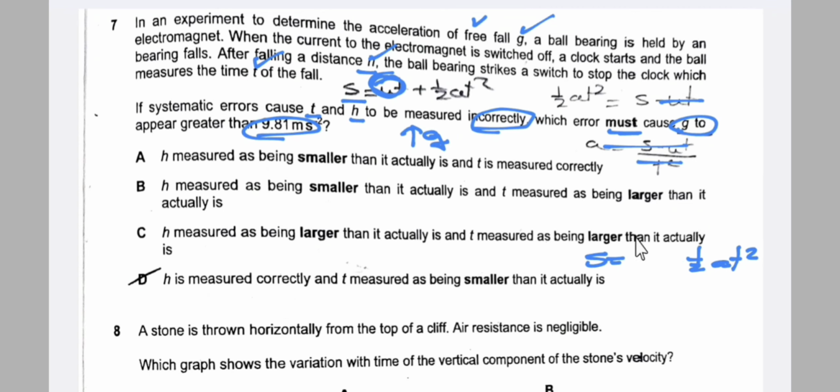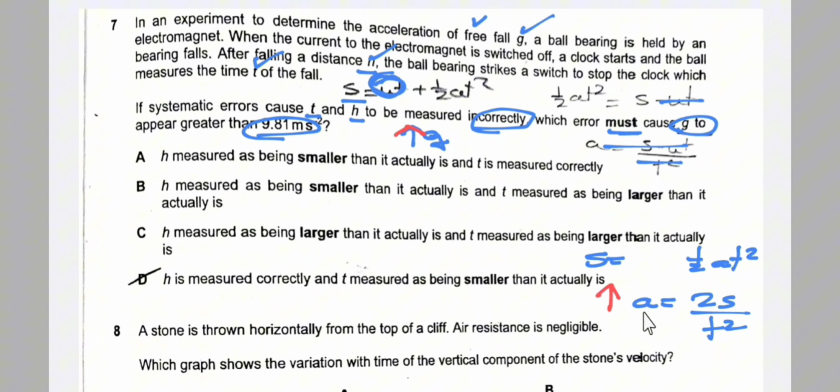Which value affects the acceleration to be greater than 9.81? If we make acceleration the subject of the formula, the acceleration is equal to 2s by t square. Now by considering this equation, which value gives an acceleration greater than 9.81?